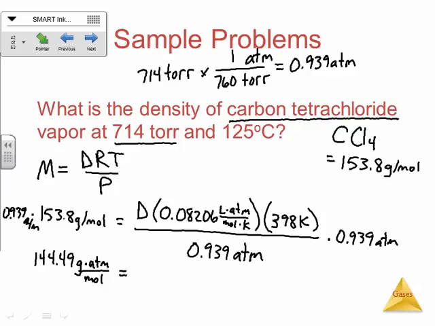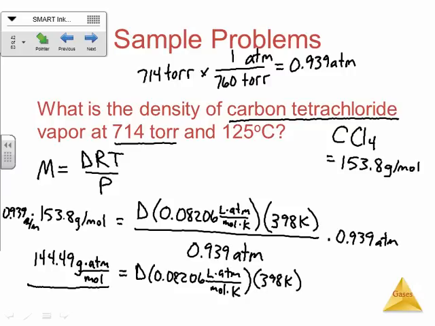And that's equal to all this other stuff, D times 0.08206 liters times atmospheres over moles times Kelvin, times 398 K. Now when we multiply these two things together here, and then divide everything by that, let's see here, 0.08206 times 398 gives us 32.65.